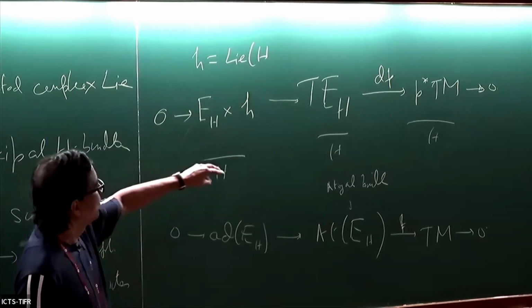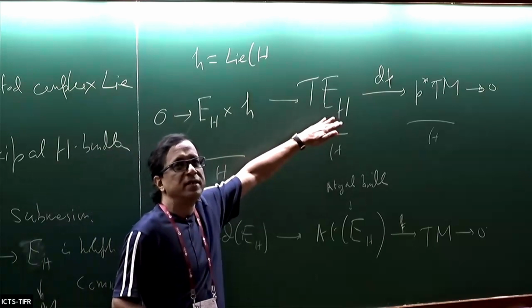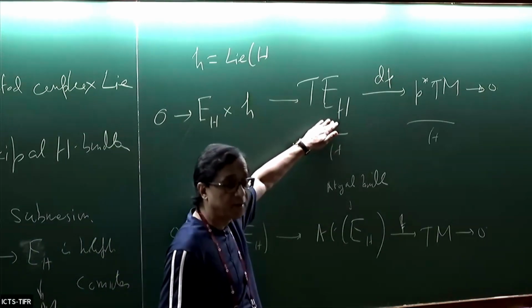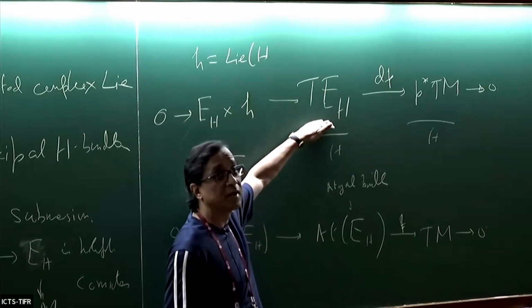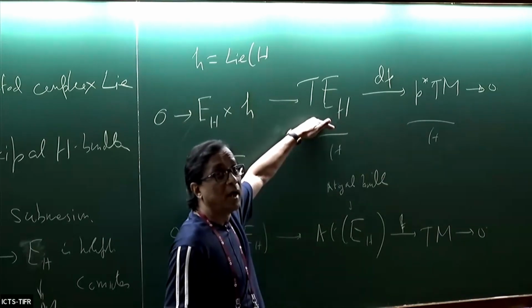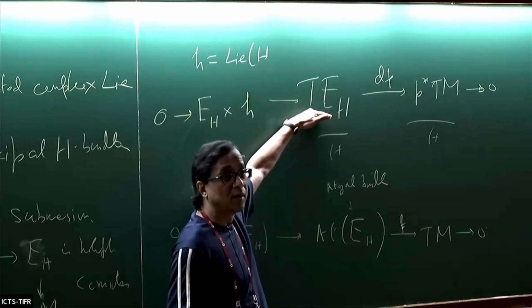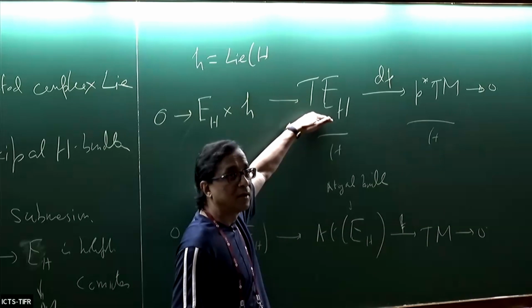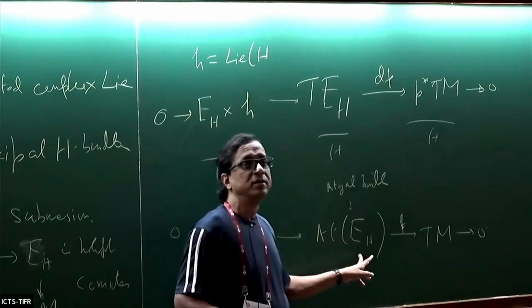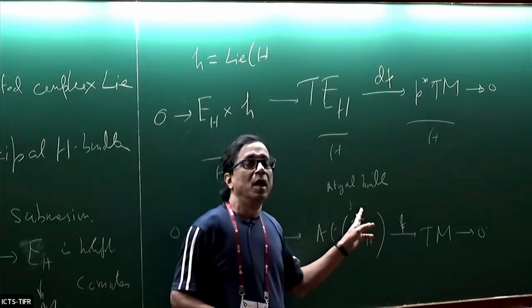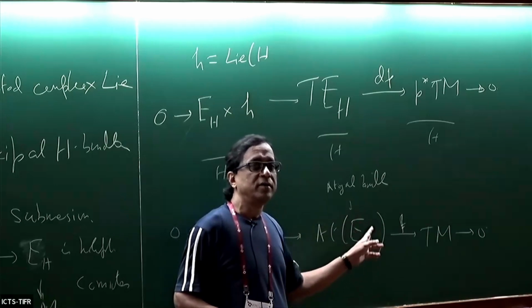So the Lie bracket operation of the vector fields is equivariant, sorry, I should not say invariant, it's equivariant for the action of H on the tangent bundle. Therefore, this sheaf of sections gets the structure of a Lie algebra.